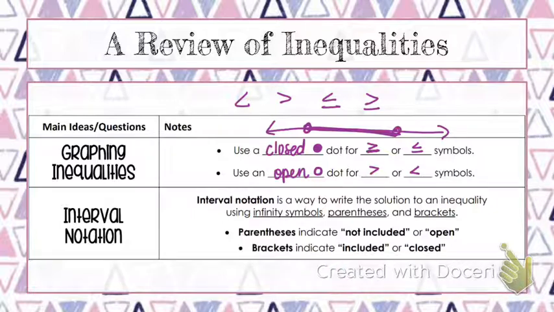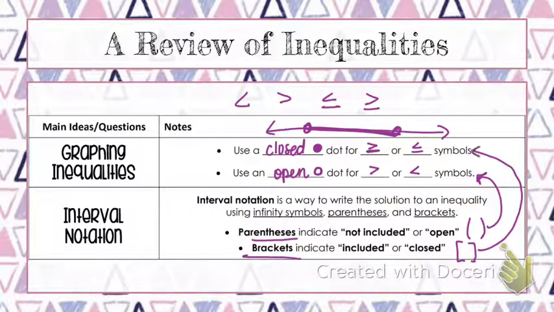So parentheses indicate that a value is not included, and parentheses go with open dots. And then brackets mean that something is included, and they go with closed dots. So this doesn't make a lot of sense to you as we just read it right off the paper, but as we do some examples, it's going to make a lot more sense.